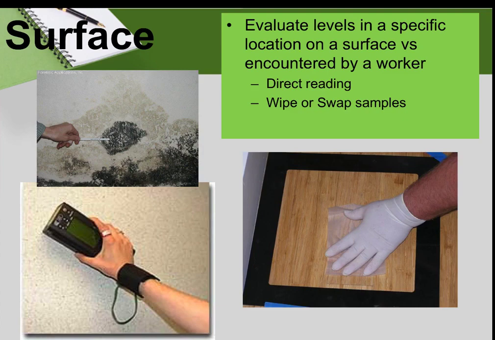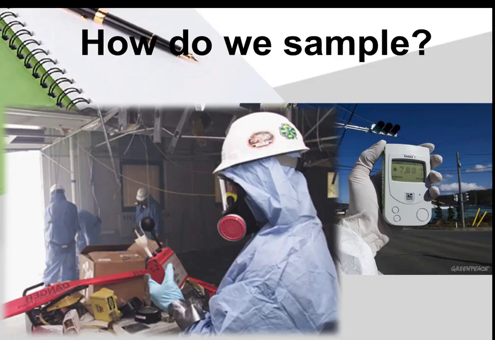For example, if there's lead in a paint, or I've even seen some surface beryllium readers. Or you can do a wipe sample, for example, the mold in the picture, and then send it to a lab for later analysis. Maybe cadmium dust in a work area is something else that you can sample for.